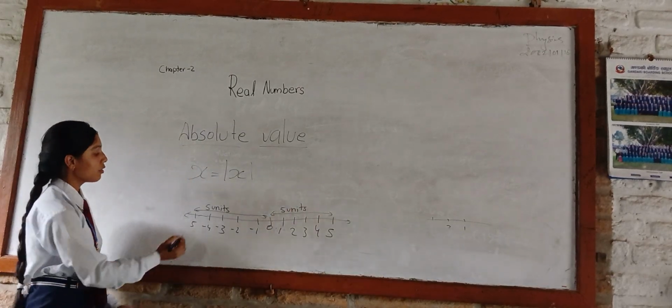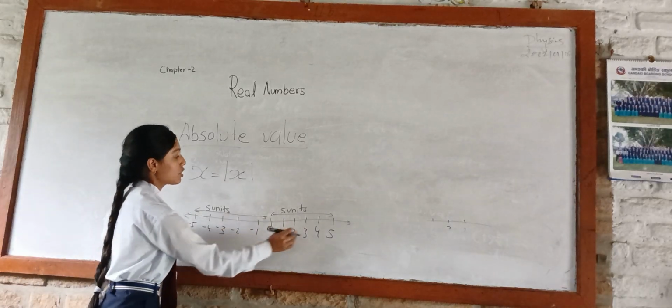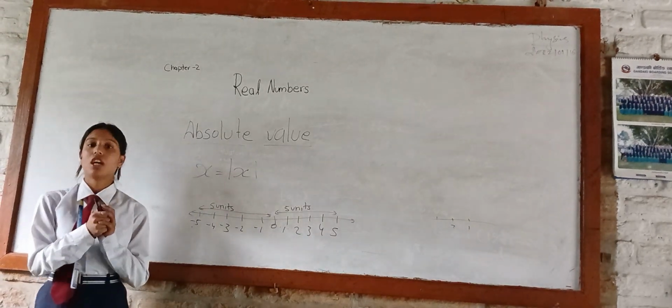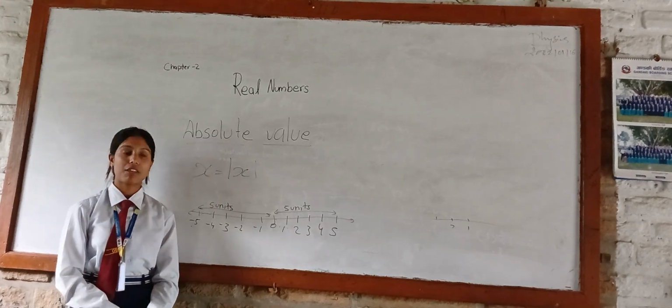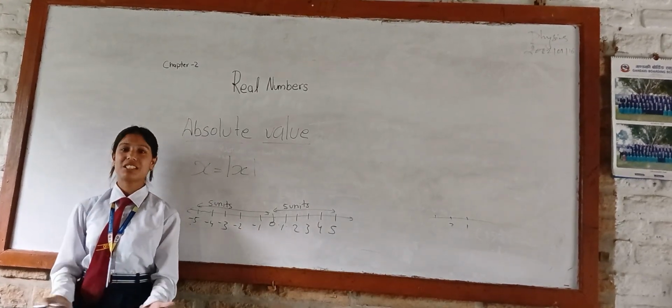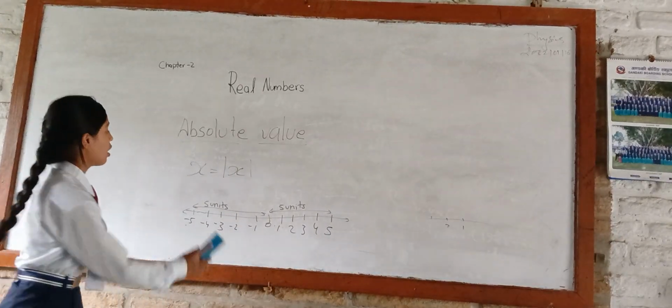On a number line, -5 is 5 units away from 0, and 5 is also 5 units away from 0. So -5 and 5 both have the same absolute value. So absolute value can be used in real life also. It is used in calculating the distance between 2 points. And now the properties of absolute value.